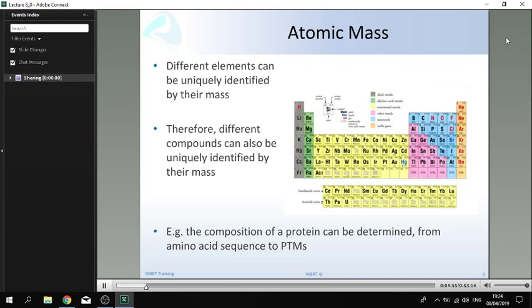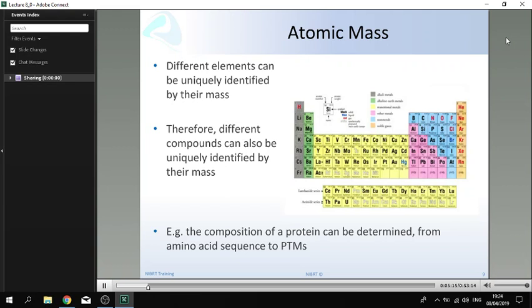To be able to explain how we measure it, just to remind you that all the different elements that we have on Earth can be uniquely identified by their mass. We have this periodic system of elements, and we know the mass of each of the elements.